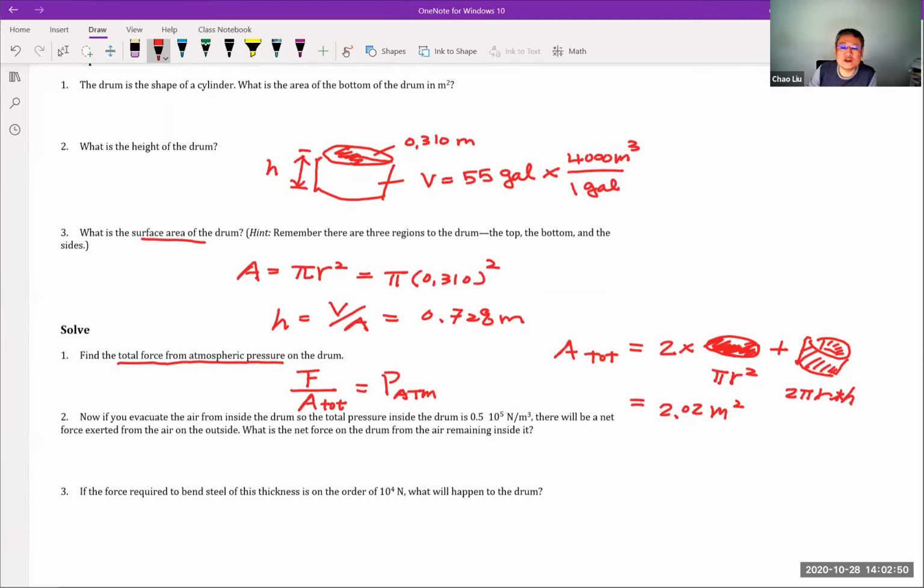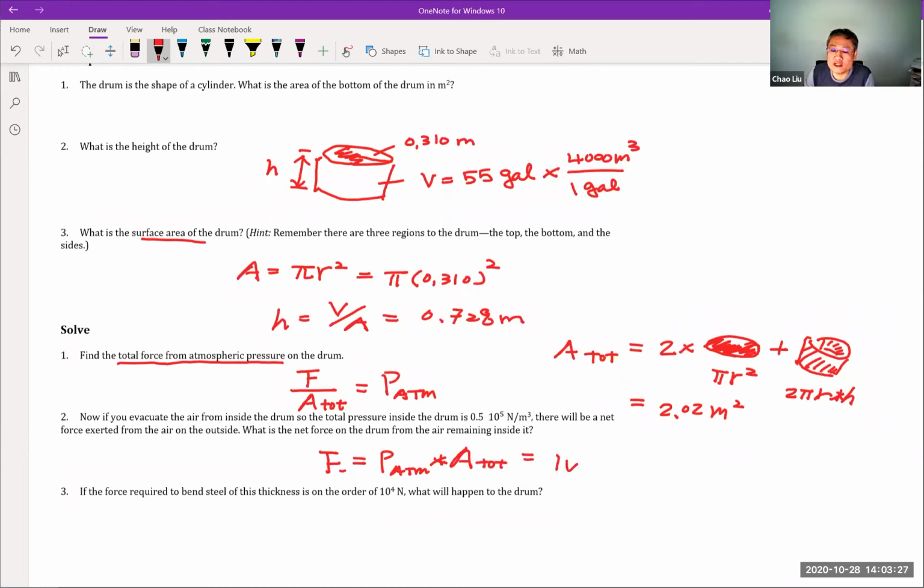Now once you get this total area, and you know this pressure is 10 to the fifth, then you can find the force. The total force is going to be equal to P atm times A total.